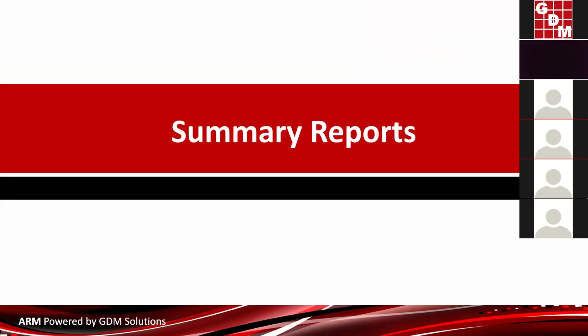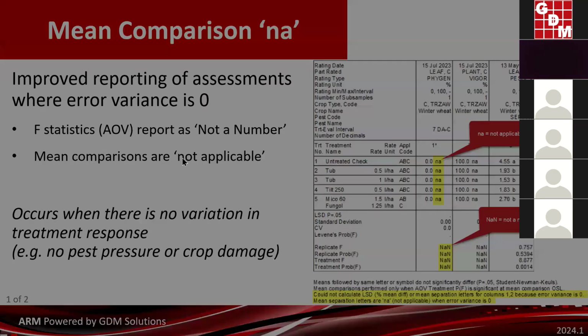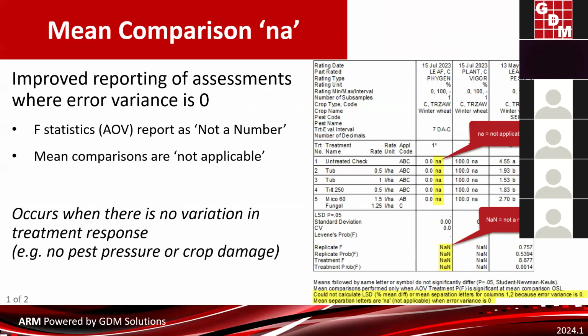All right, just a note or two in the summary report. So we're back into the statistics realm for a minute. This change here is, I guess, a clarification almost, trying to make a very specific type of assessment a little more clear as to the analysis.